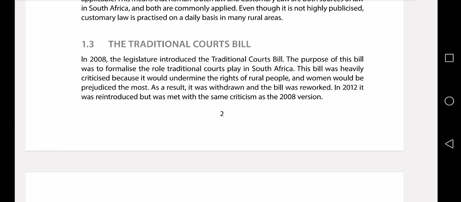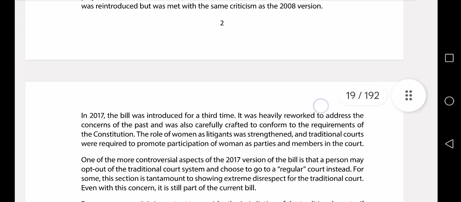This bill was heavily criticized because it would undermine the rights of rural people, and women would be prejudiced the most. As a result, it was withdrawn and the bill was reworked. In 2012, it was reintroduced, but was met with the same criticism as the 2008 version.